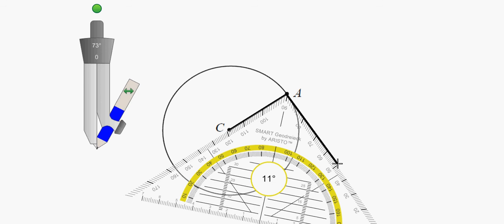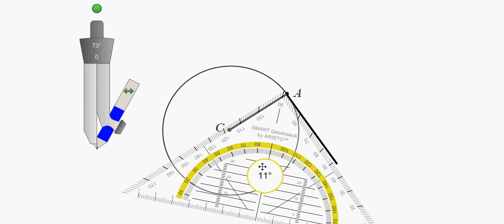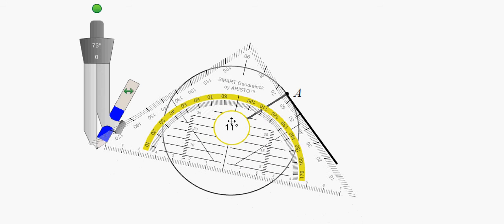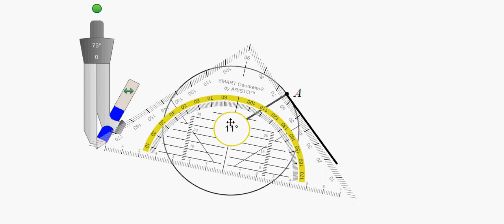Then all we have to do is just finish off the straight line like so. Okay, so make it all one big go, and there you go, you get your tangent as seen here.